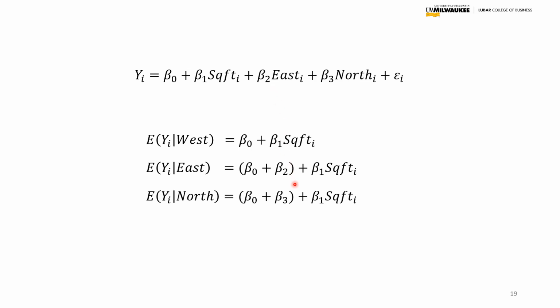So beta 2 is the difference between selling prices of homes in the east neighborhood relative to the west neighborhood for a given square footage. And then finally, beta 3 would be the difference between homes selling in the north neighborhood relative to the west neighborhood for a given square footage.